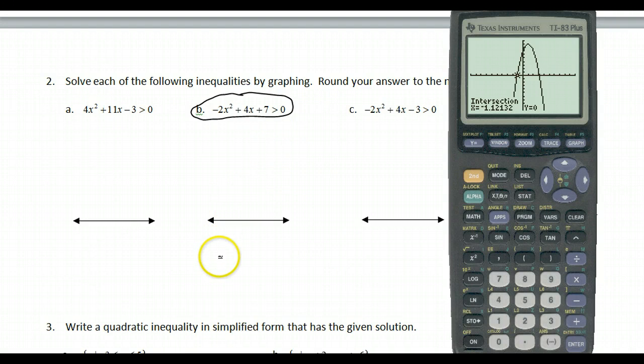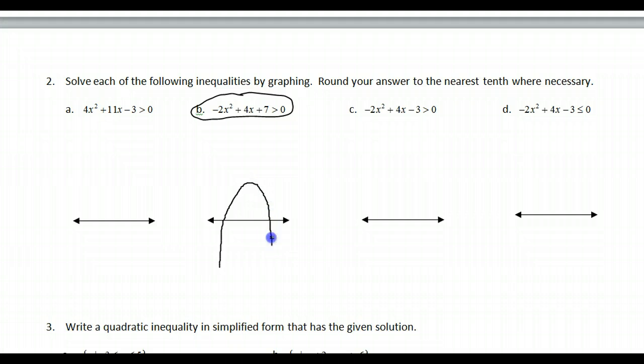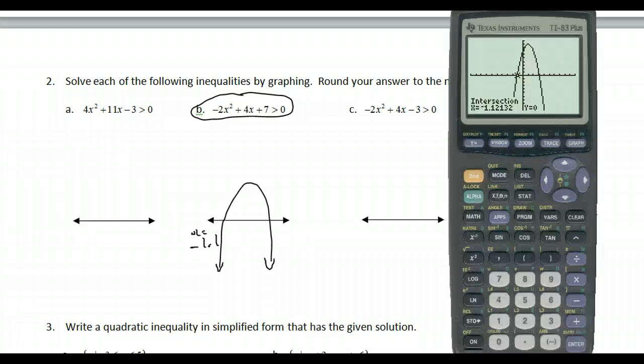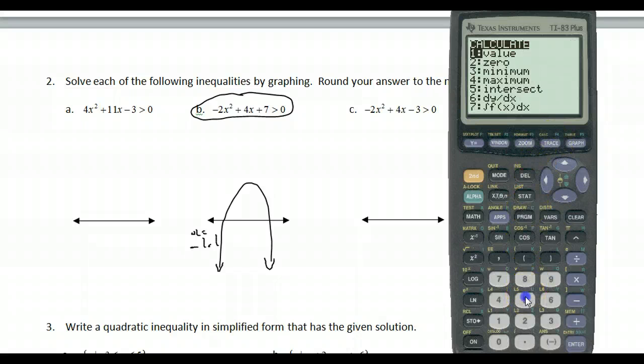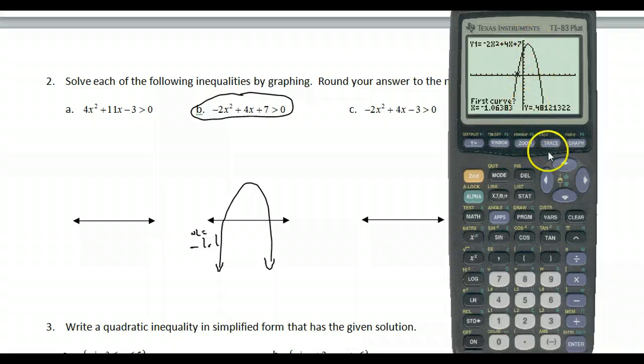So let's sketch this out here. Negative 1.1, rounded to the nearest tenth. Let's bring the calculator back. Second, calc. Number 5 is intersect. It'll be easier to move along the y equals 0 line than to go all the way up and back down.